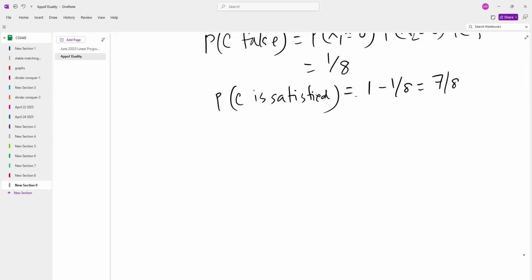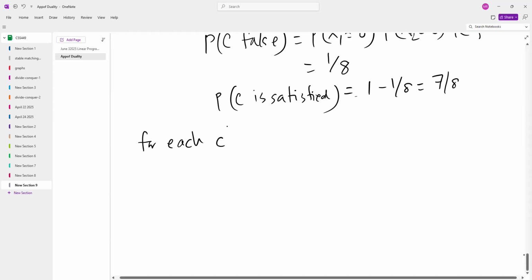Let's say that I have clauses. For each clause Ci, I'm going to define what is called an indicator variable.